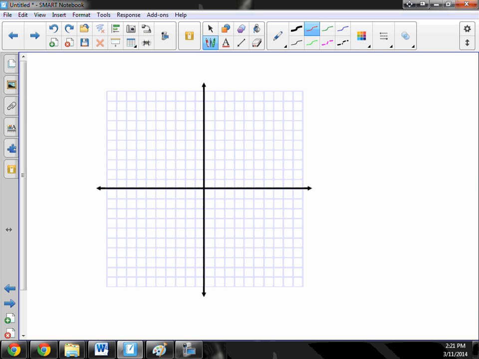So radians are based on pi. Two pi. So a full circle is 2 pi, which means that half a circle is pi, which means that a quarter circle is pi over 2. 3/4 of a circle would be 3 pi over 2.